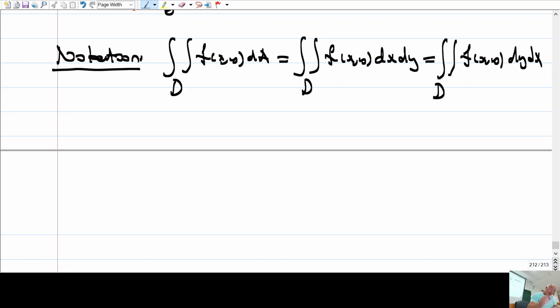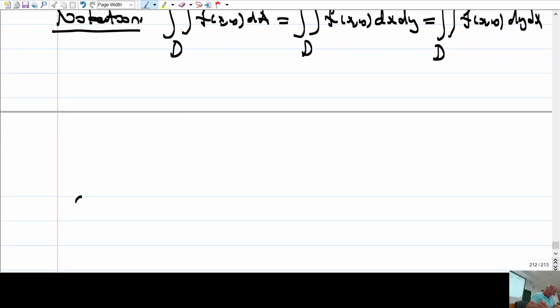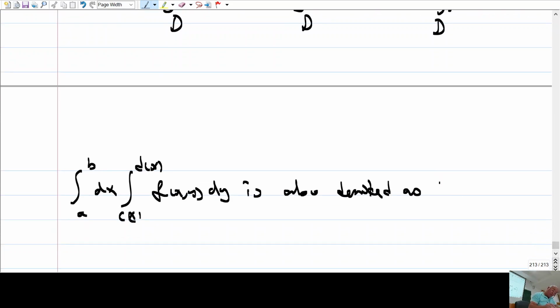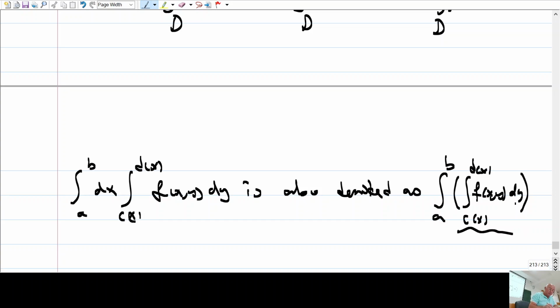Another notation is this: this integral, let's say a to b dx, c(x) to d(x), f(x,y) dy, is also denoted like this. If you see this, I actually usually use it. From a to b, you write this, the integral from c(x) to d(x) of f(x,y) dy inside parentheses, then dx. So you take the integral with respect to y.